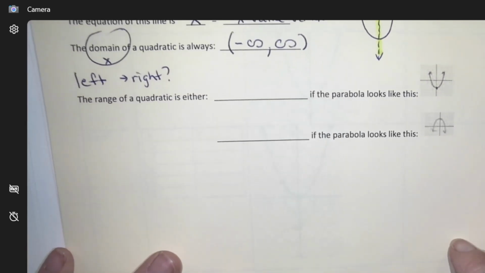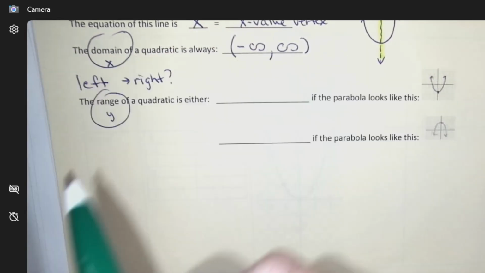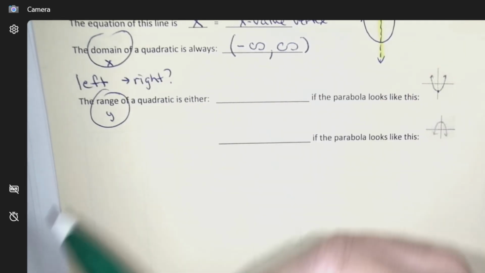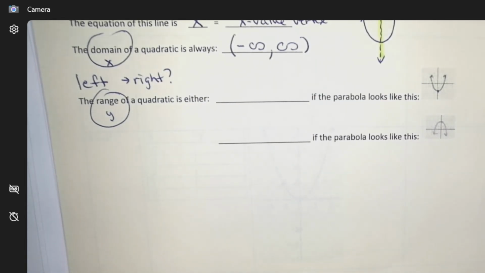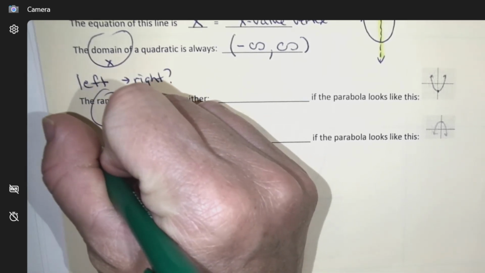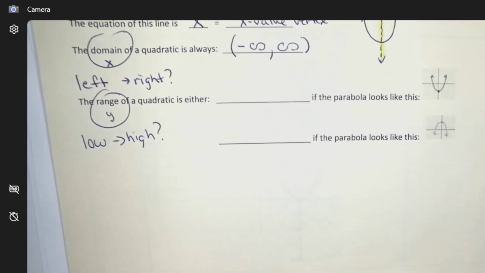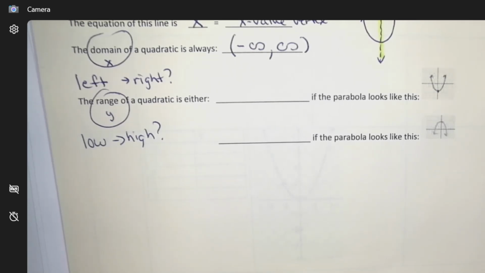Okay, so we're going to talk about range now. And range is, if domain is x, range is y. So we're going to talk about it as in how low to how high. That's going to be the thought process. How low are we to how high are we? Okay, so during this unit, we're going to have two options.